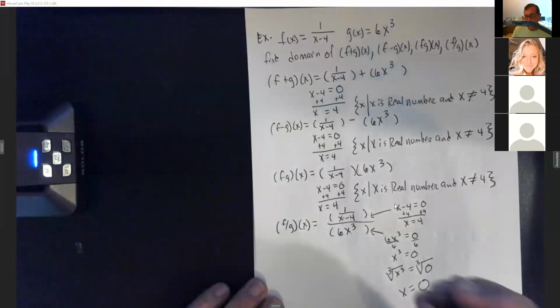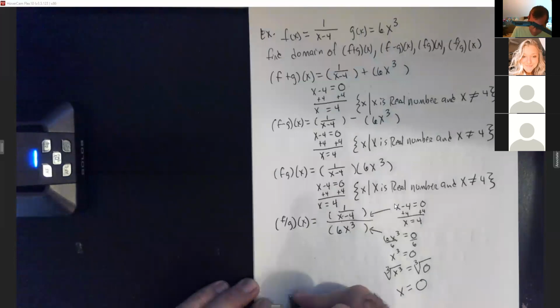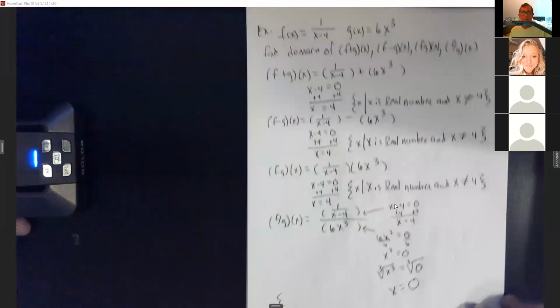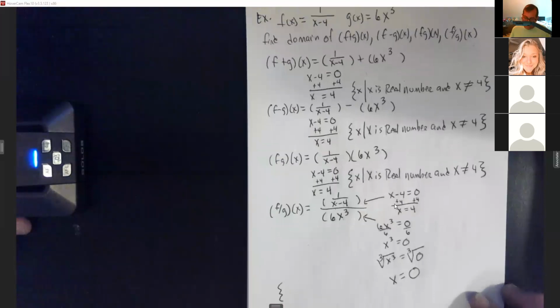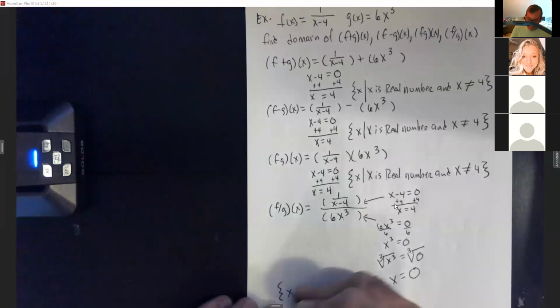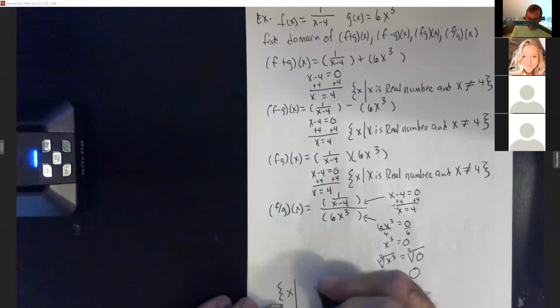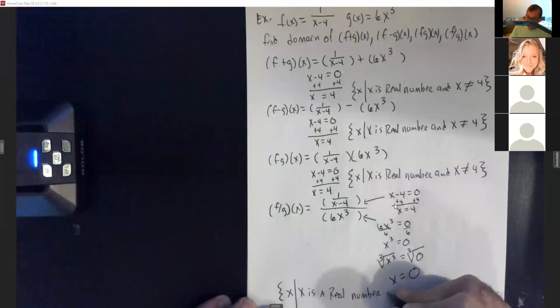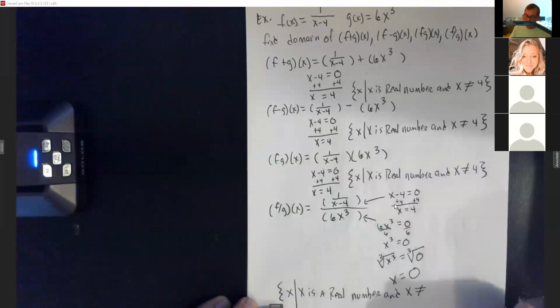So when we write this one down, I'm going to just scoot that down for a second. You would have to write x such that x is a real number and x is not equal to 0, 4.